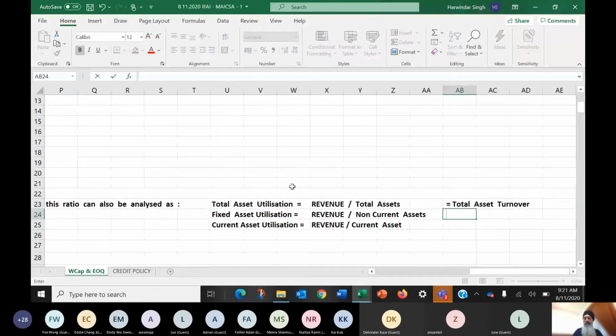And this is also called non-current asset turnover. So don't let the lingo get you into trouble.